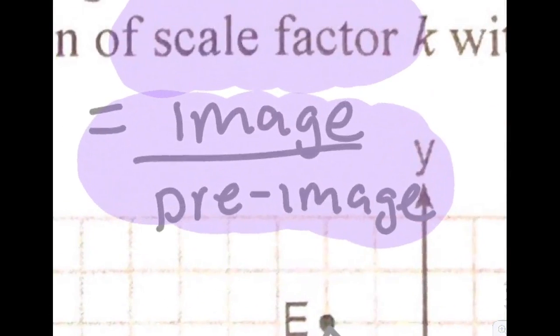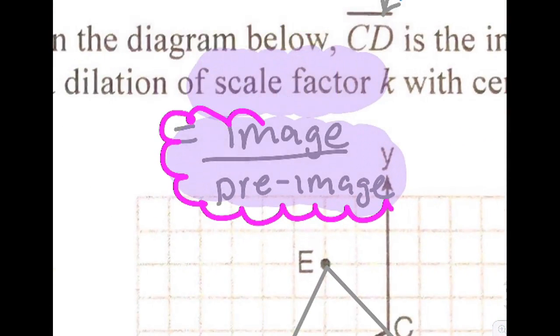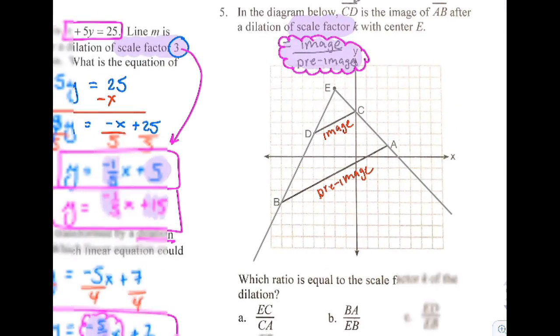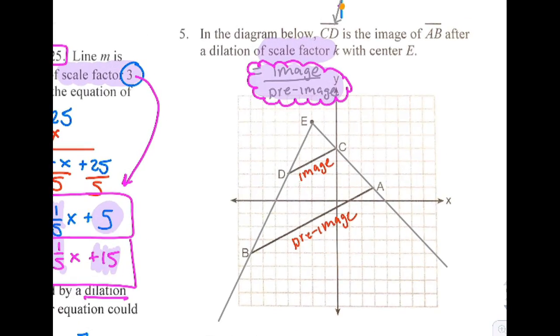Number 5, very important that you understand image over pre-image is what a scale factor really is. So any part of an image divided by any corresponding pre-image. They tell you in the problem that CD is the image, which means that's the image right there, and that was the pre-image.